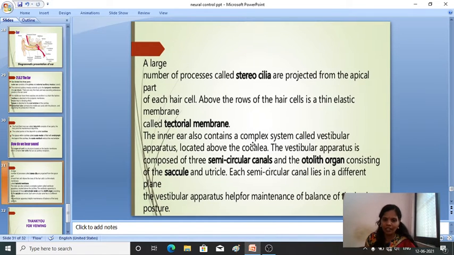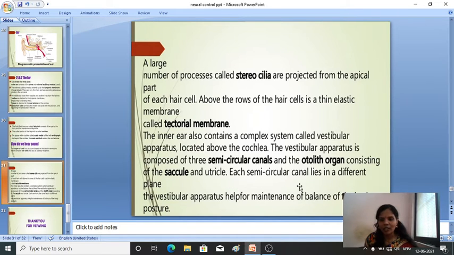The inner ear also contains a complex system called the vestibular apparatus, which is located above the cochlea. This vestibular apparatus is composed of three semicircular canals and the otolith organs, which contain the saccule and the utricle.